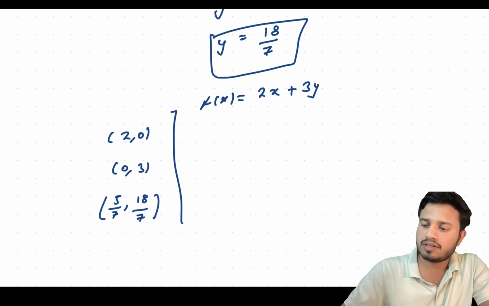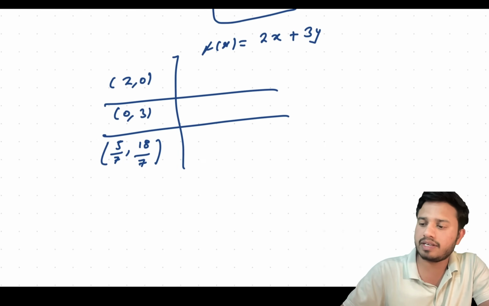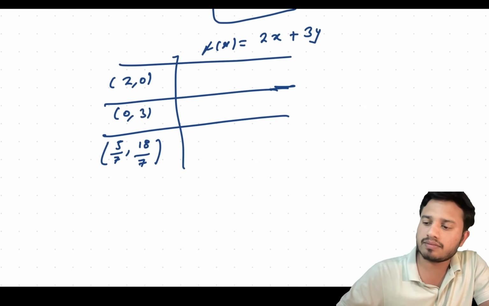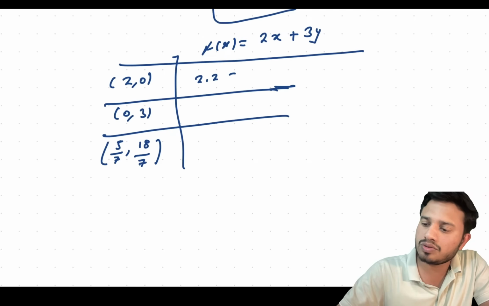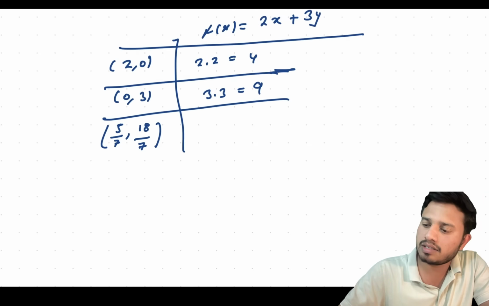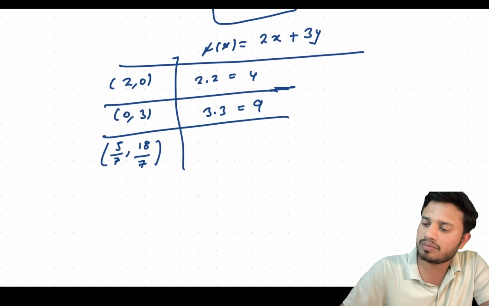Put all these in and check where it is attaining the max. 2 into 2, that is 4, that is 9. 5 by 7 plus 7.